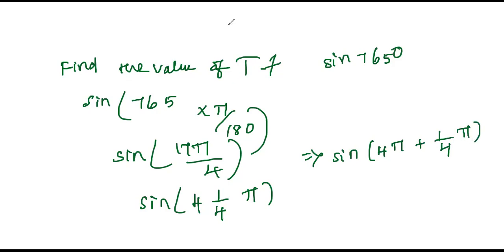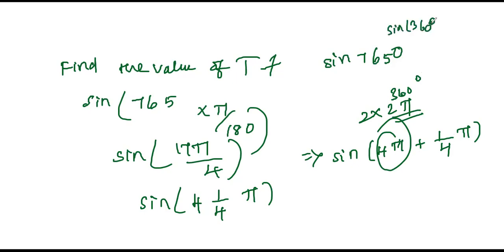So you have sine of 4 pi plus theta, which is 2 times 2 pi. 2 pi means 360 degrees, right? So 360 degrees plus theta will give you theta only as the result. Sine 360 degrees plus theta is equal to sine theta.